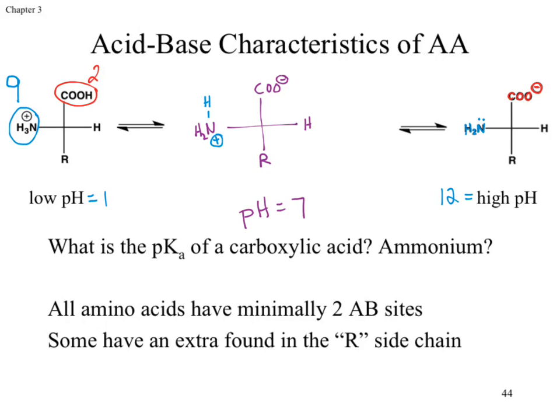What is now the overall charge of our amino acid? It's going to be neutral because we have the negative on our carboxylic acid balancing out with the positive of our nitrogen, and we have an overall neutral structure. Not to be confused with a non-charged structure.